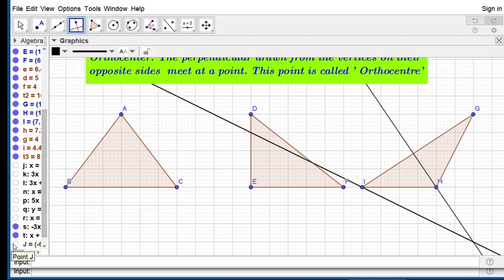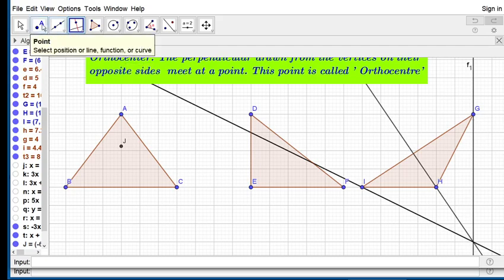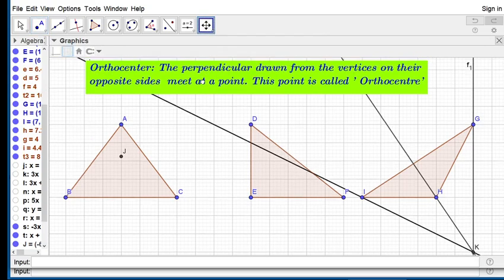And then the last one is again from G to this side. It goes this way, and here is the intersecting point K, which, as you guess, is the orthocenter of the obtuse angle triangle.